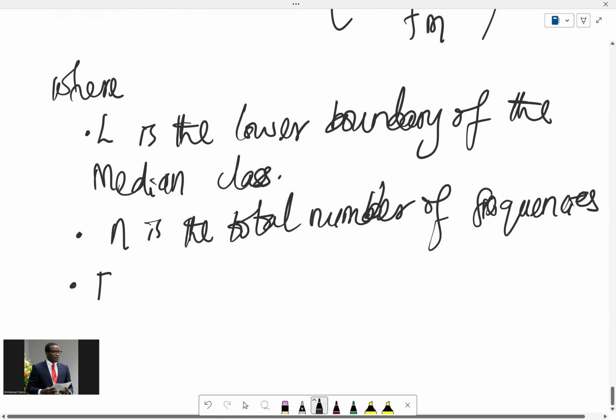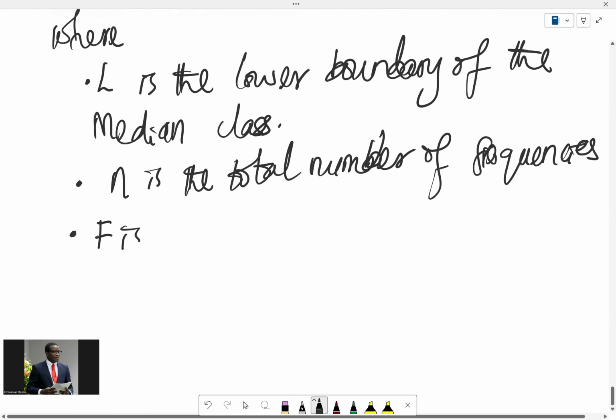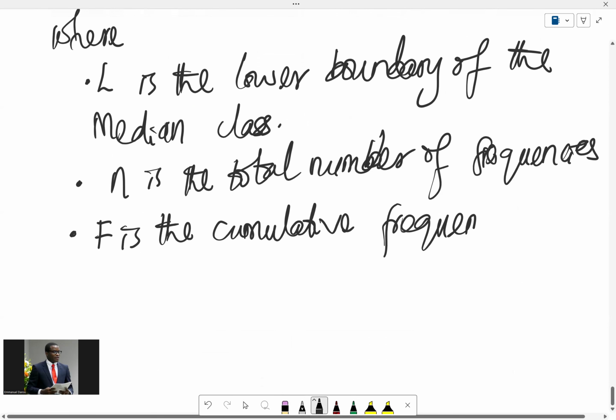So the big F is actually the cumulative frequency. The idea of cumulative means summing things up, right? F is the cumulative frequency before the median class.